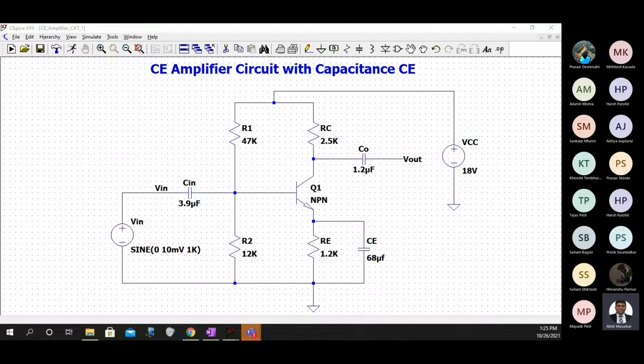Okay, Pratik, let me check your output. Yes, it's correct.